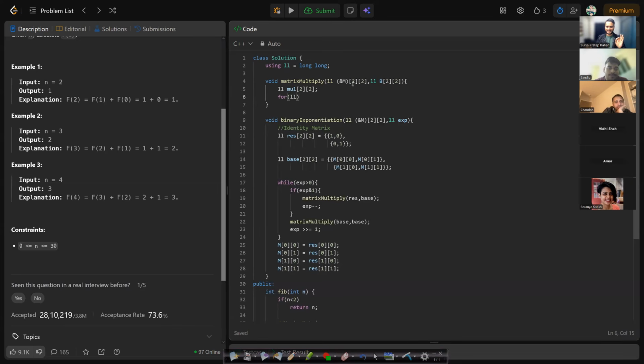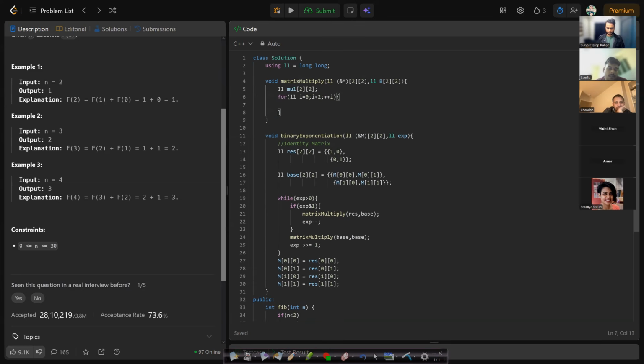Let it be M because I want to see that it is the same M which will be reflecting at the end. Okay. So we will run one loop from i equal to 0 to i less than 2, i plus plus, and the second loop will be j equal to 0 till j less than 2.